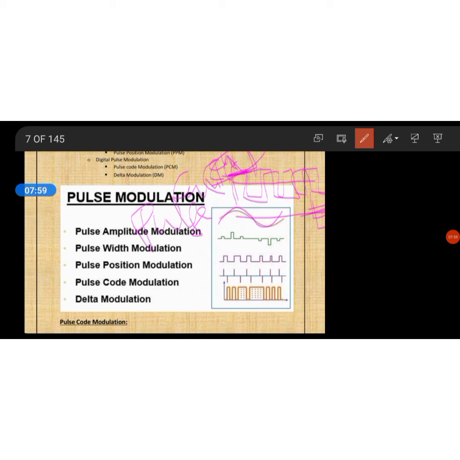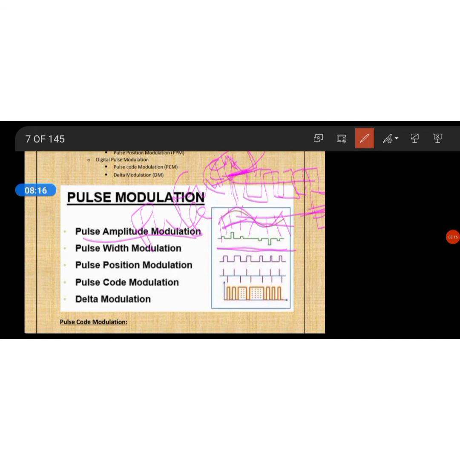Carrier amplitude at this instant, there are different instants. So in each and every instant, the carrier amplitude will be changed according to every instant of the message signal. So based upon that, we will be getting the output. This is called pulse amplitude modulation.